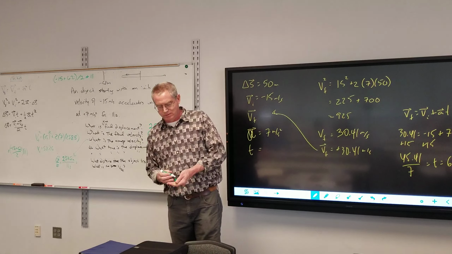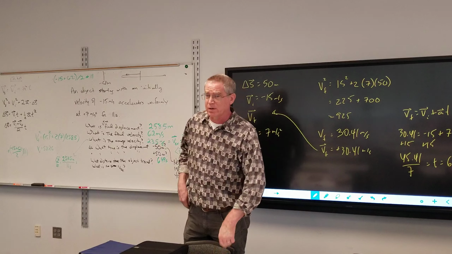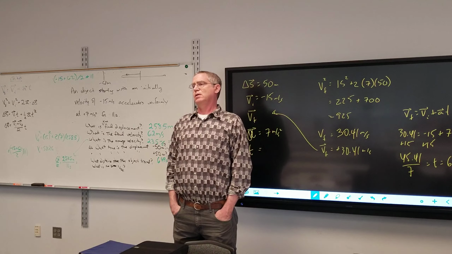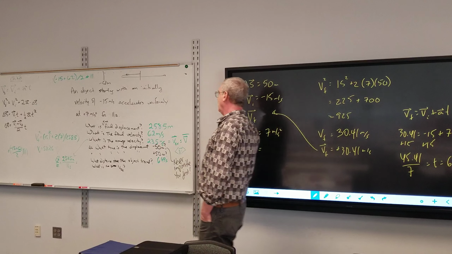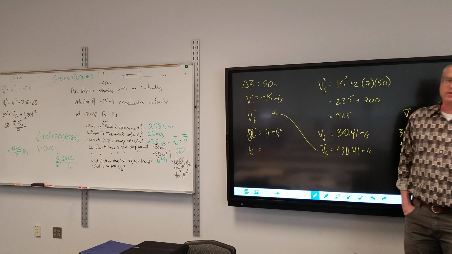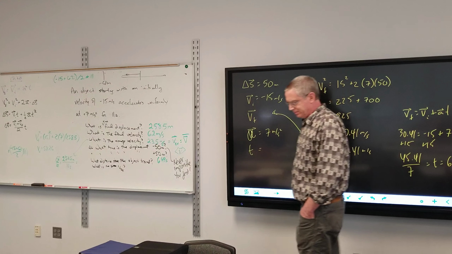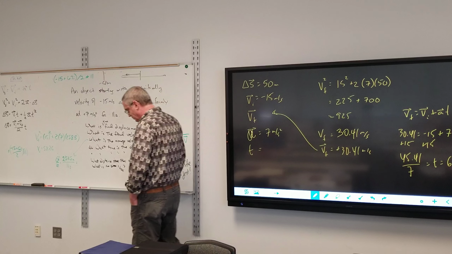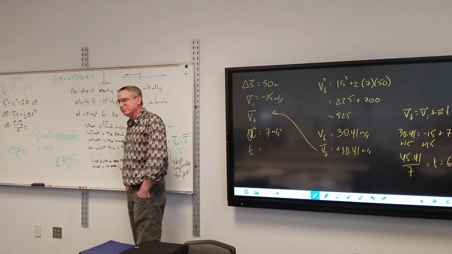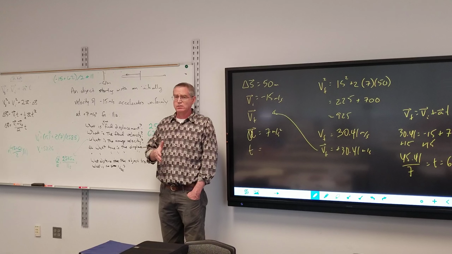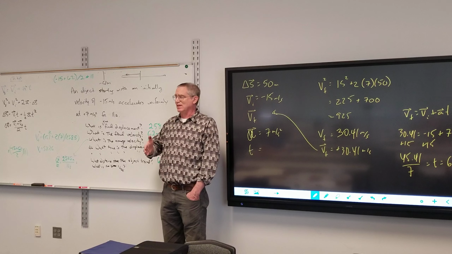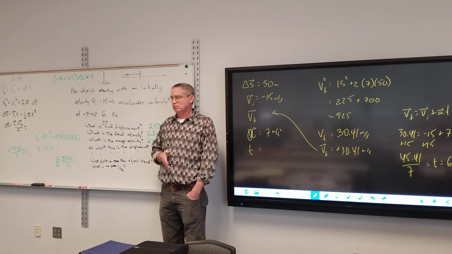Now, questions up to here before we talk about distance and speed? What is the distance the object traveled? Well, if an object changes direction, the distance is not the magnitude of the displacement.